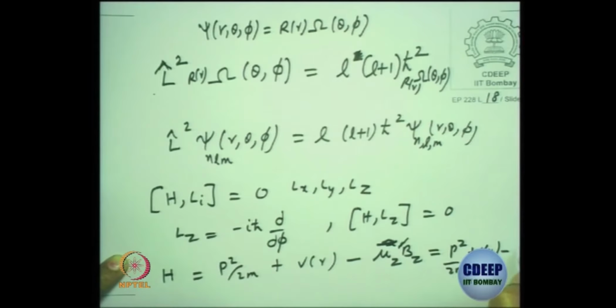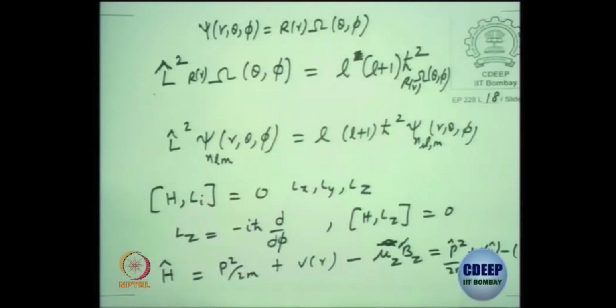So let me not write those factors, it depends on the Lz operator. Now the question you are asking is whether this new Hamiltonian commutes with Lz. It doesn't commute with Lx and Ly. The old Hamiltonian commuted with Lx and Ly also.